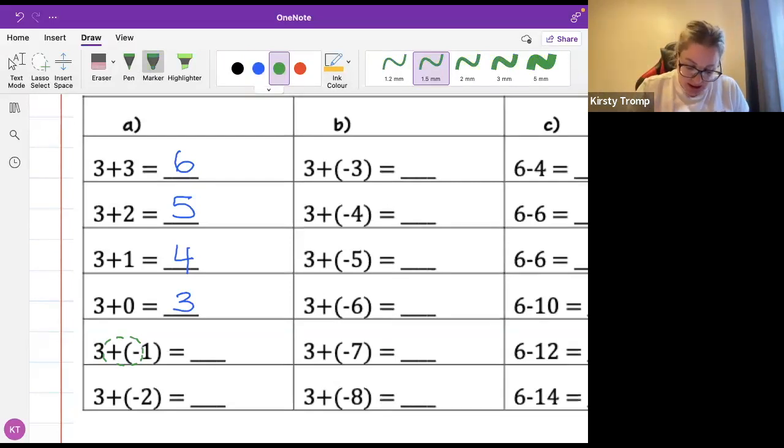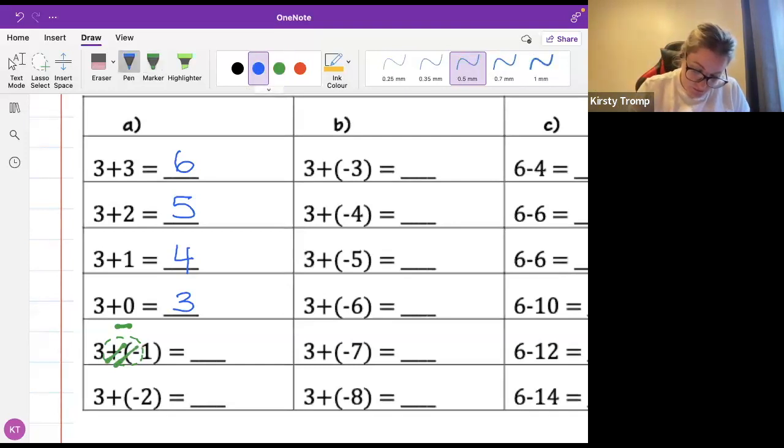The power of the negative makes the whole sign negative. So when I have a positive sign next to a negative sign like that, I draw a circle around it and tell myself, I stop. What does the negative sign do? It makes the sum a negative sum. And so now I can carry on. 3 minus 1 is going to give me 2.